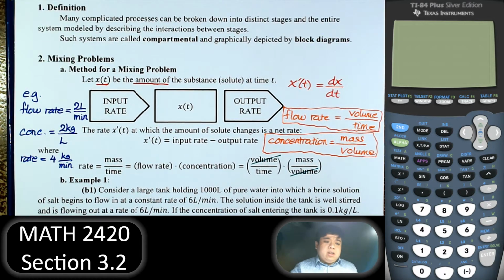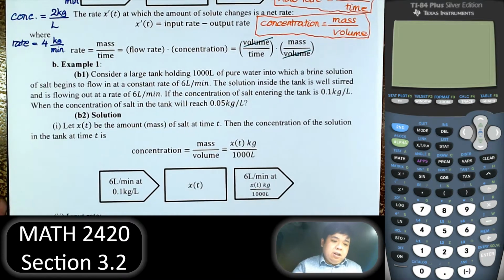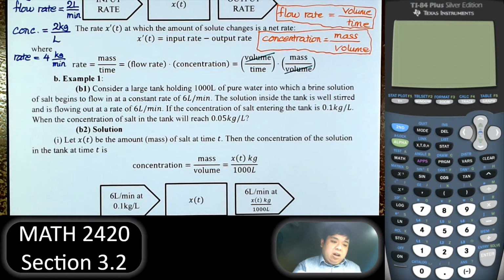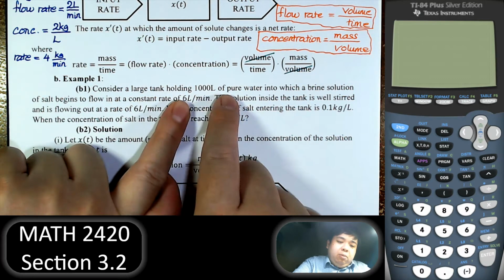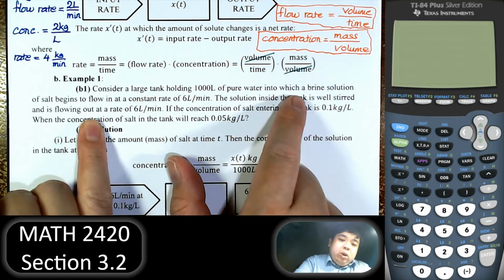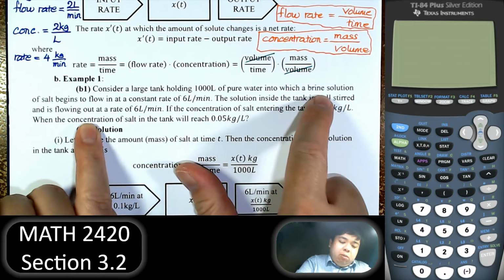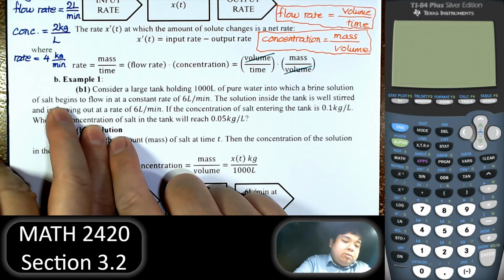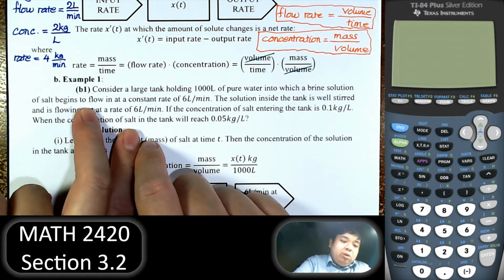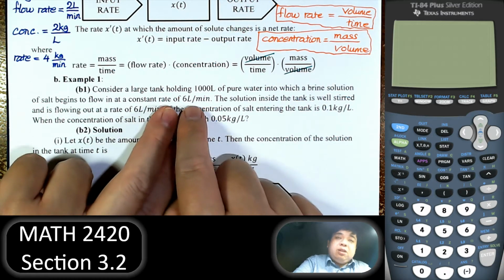So let's look at the problem. Consider a large tank holding 1,000 liters of pure water into which a brine solution of salt begins to flow in at a constant rate of 6 liters per minute.